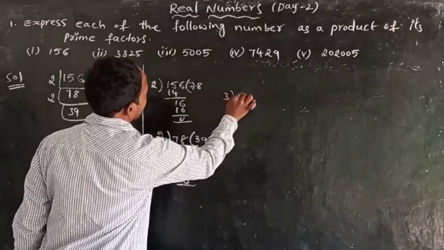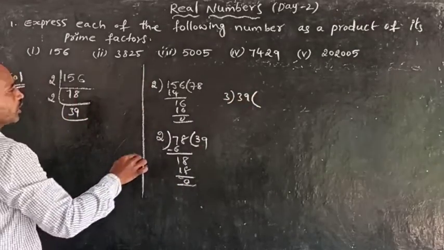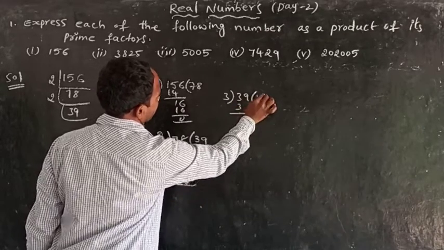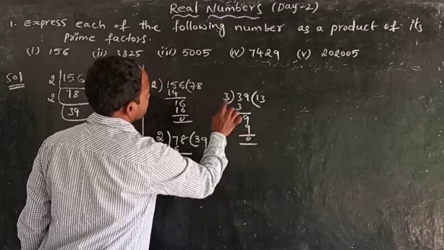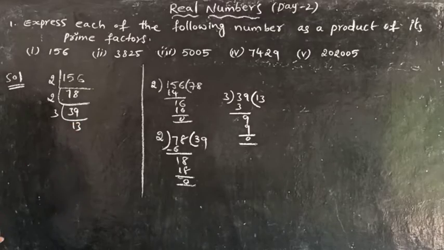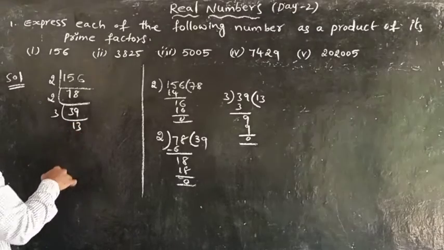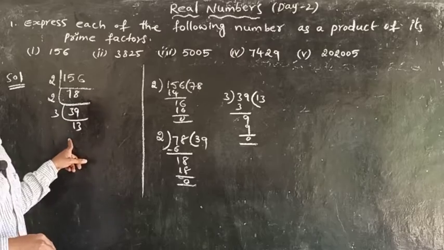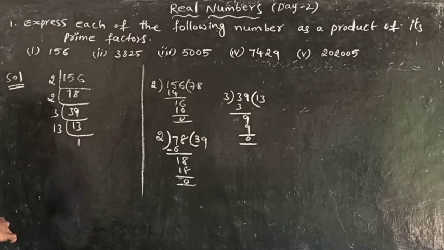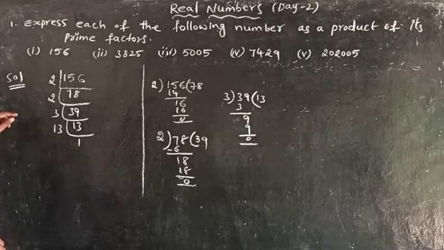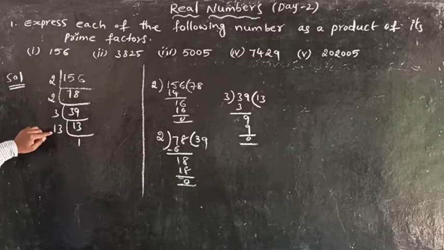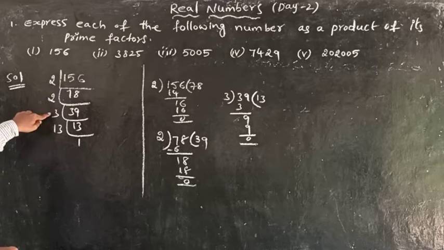In the third table 39: 3 1s are 3, 9, 3 3s are 9, so 3 13s are 39, and 13 is a prime number. Since it is a prime number, we take the 13 table, 13 1s are 13. These are the prime numbers: 2, 2, 3 and 13.